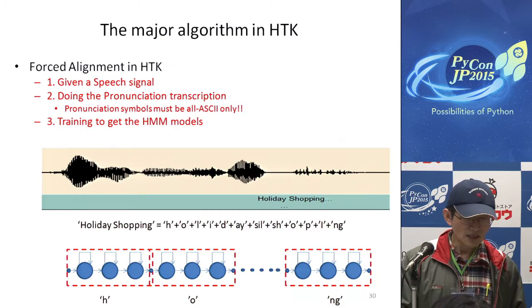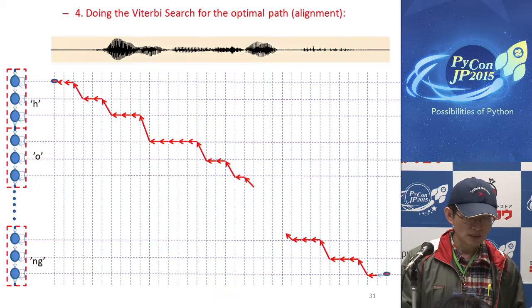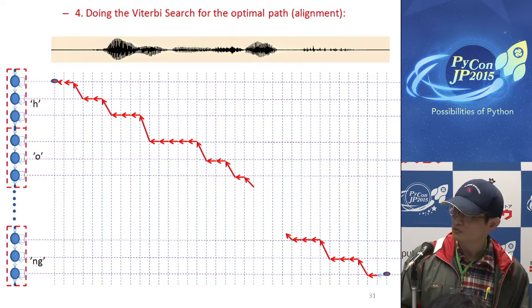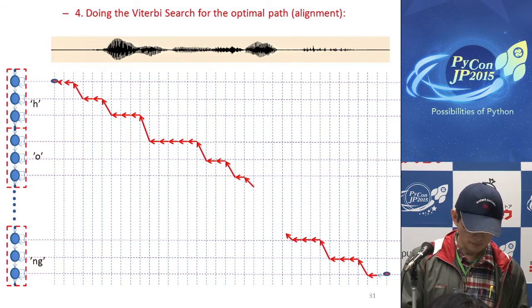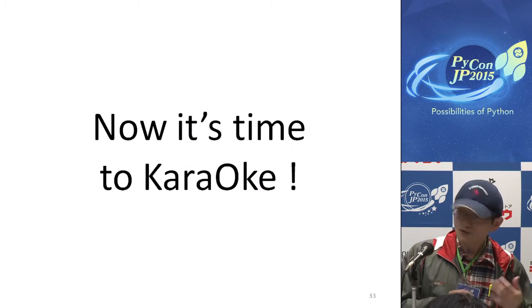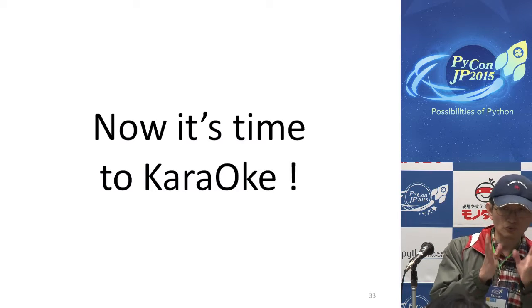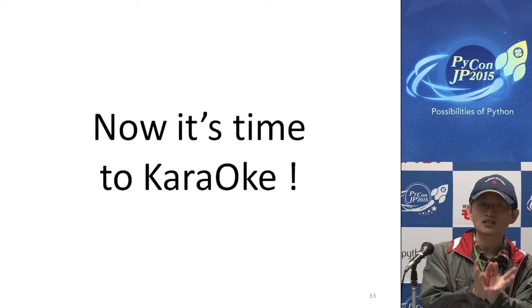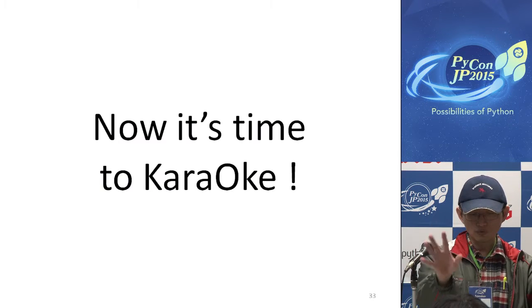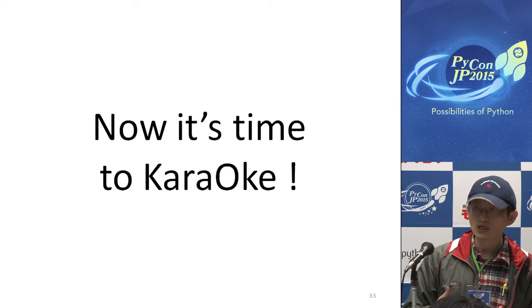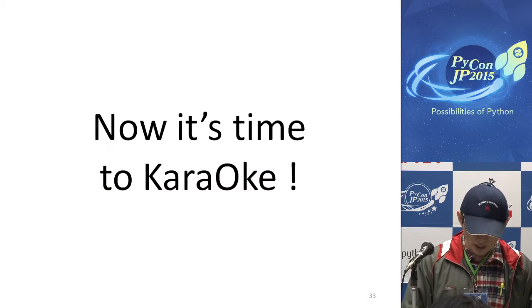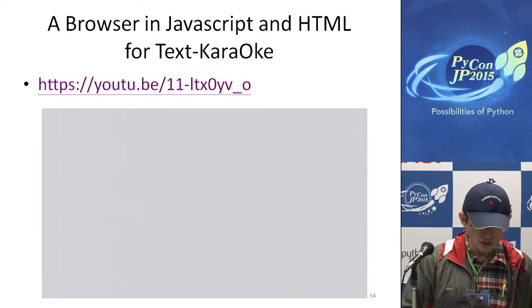There is some mystery, or some magic, in the so-called Viterbi search that does this alignment. So everything comes down to this: we give it text and audio, pass through all our tasks, and get the alignment file, like the upper part. We will do a demonstration of that.